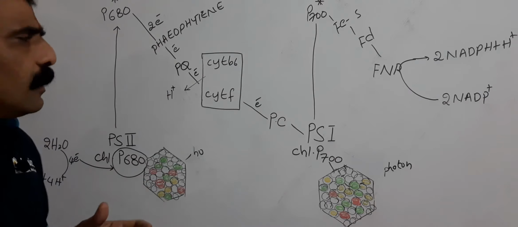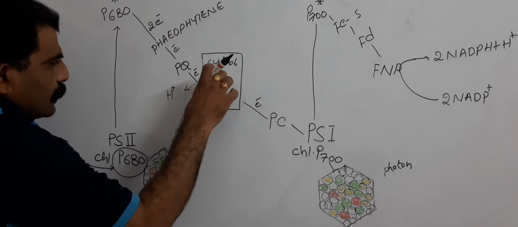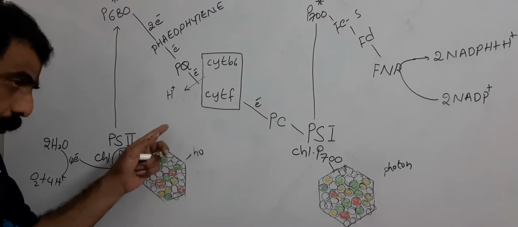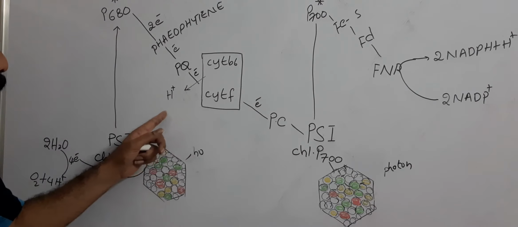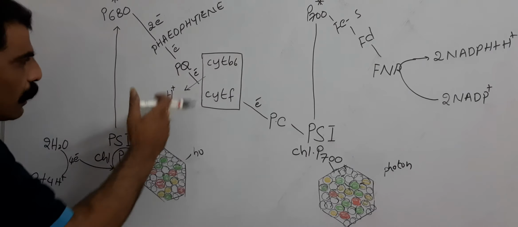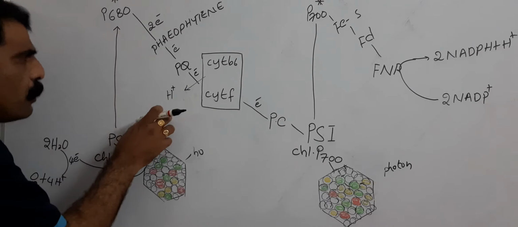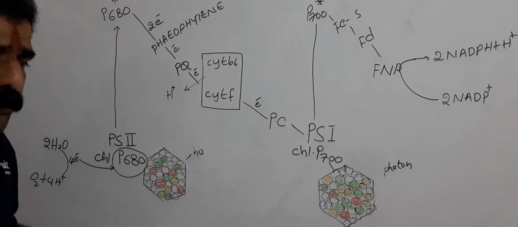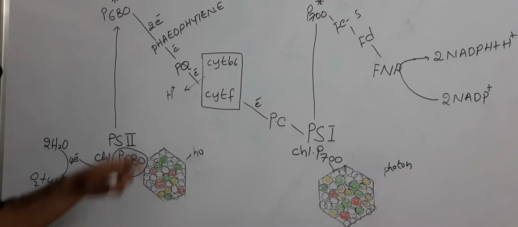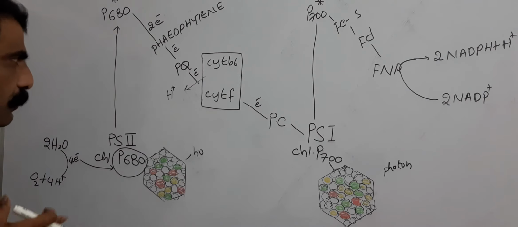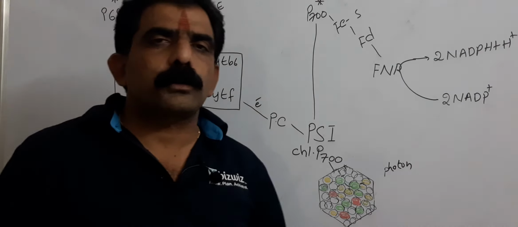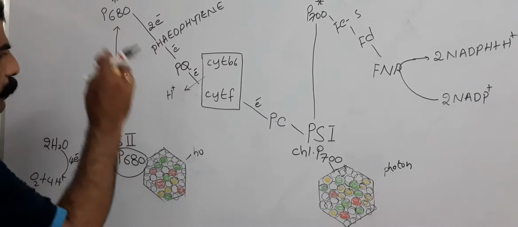And finally, the electrons are transferred to the adjacent electron carrier and the protons are pumped into the lumen, like this, into the lumen. From the stroma, protons are removed and pumped into the lumen by the plastoquinone. The role of plastoquinone is to transfer electrons from PO15 to cytochrome B6F complex, and that is coupled with the pumping of protons from the stroma into the lumen.